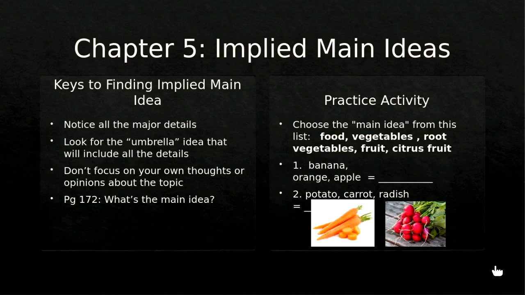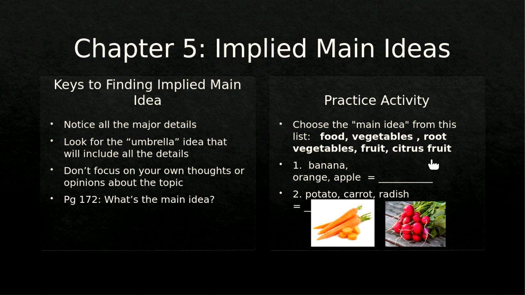Oranges are citrus fruits. But in number one, they have banana and apple. Apple is not citrus either. Only orange is citrus. So in that case, we have one major detail that fits with citrus fruit, but the other two details do not. So we cannot choose citrus fruit.